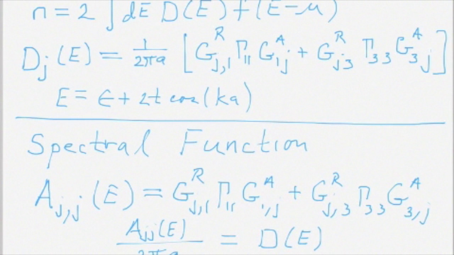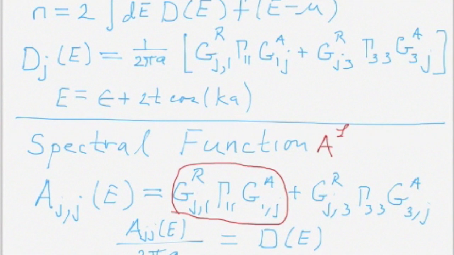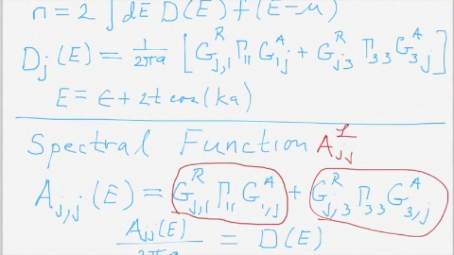And I had just, for convenience, but it goes far deeper than that, said that this term here we were calling A left, JJ, and this term here was A right, JJ.